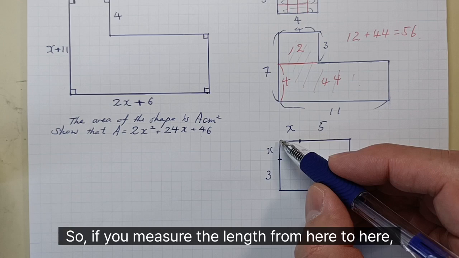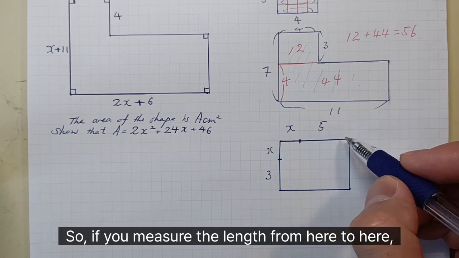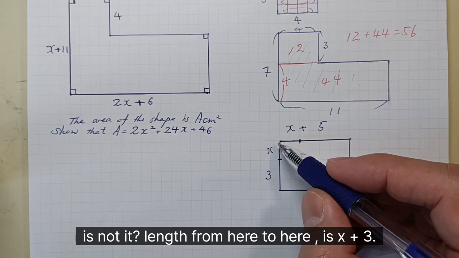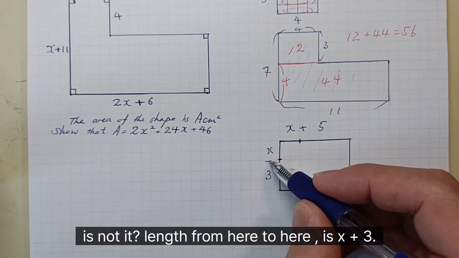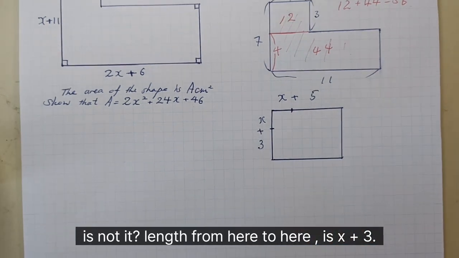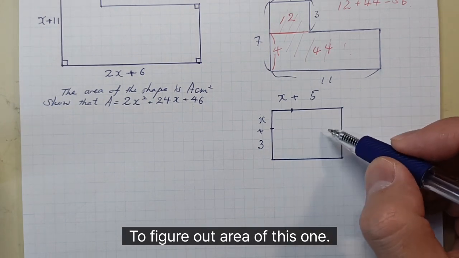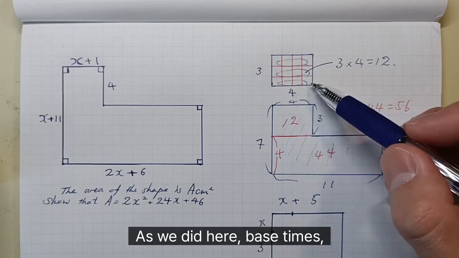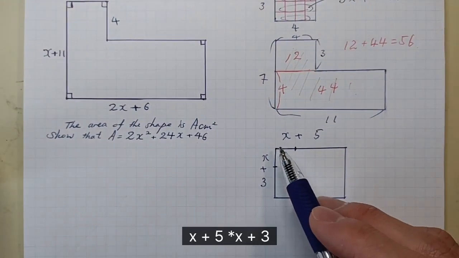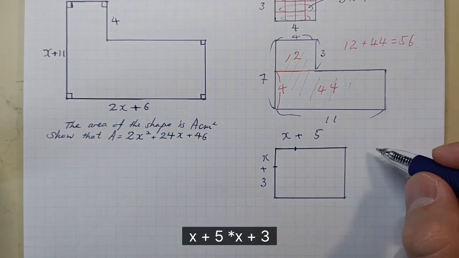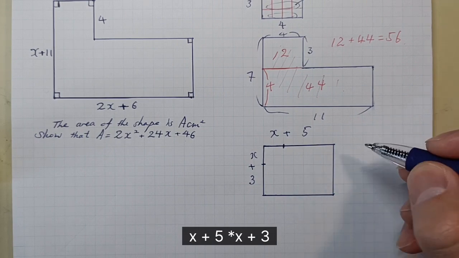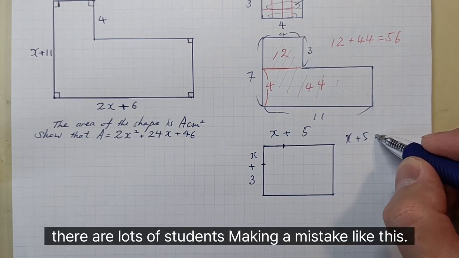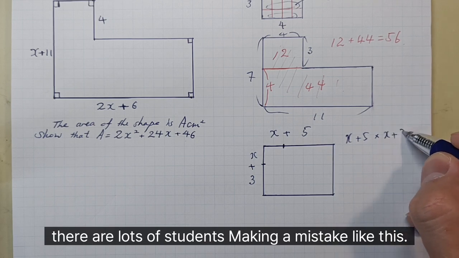So if you measure the length from here to here, it is x plus 5, isn't it? The length from here to here is x plus 3. To figure out the area of this one, as we did here, base times height, isn't it? So x plus 5 times x plus 3.